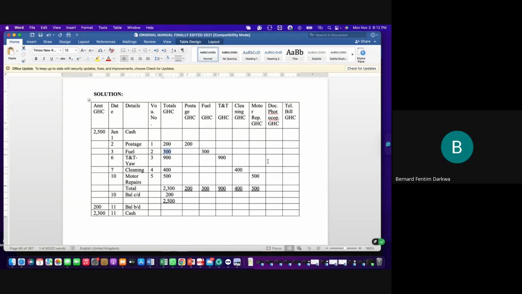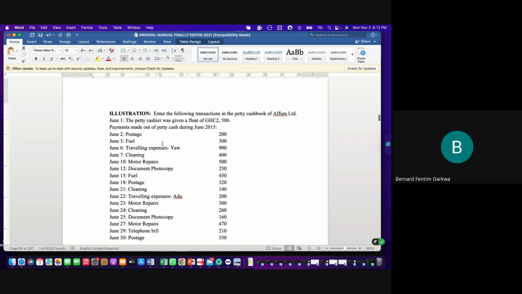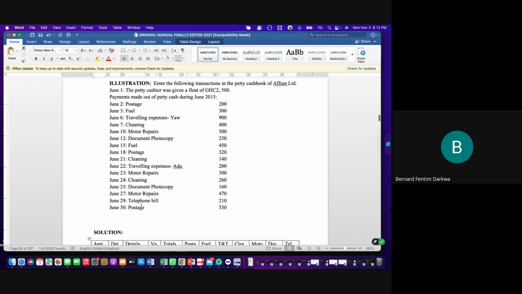The only trick is that when they give you the float, they always start the month with it, and you record the transactions to some point. For a particular question, they may say we should record from June 2nd up to 30th June.